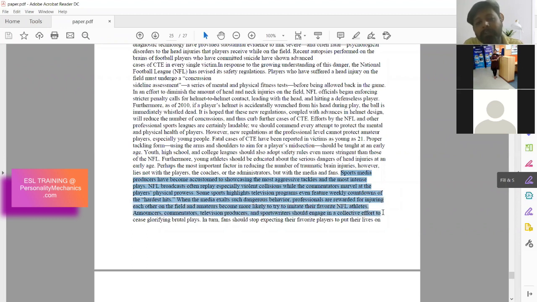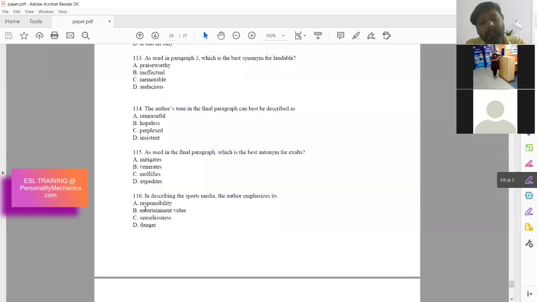So all of this is talking more towards responsibility. It's not about senselessness. This shows me how important sports media is, that is, it creates a huge impact. Hence, it talks more about the responsibility that it should share.